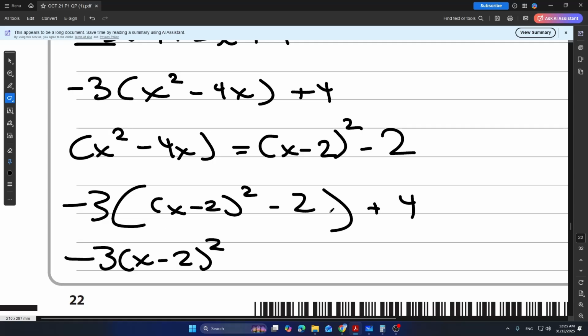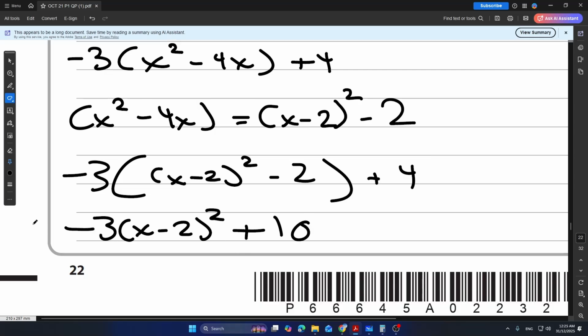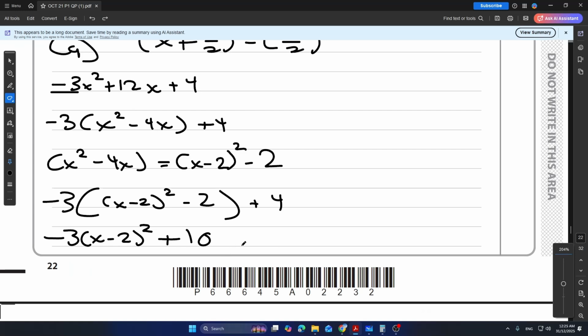Minus 3 times minus 4 is plus 12, and plus 12 plus 4 is 16. So this is our answer. Or, because it's in the format, I can also write this as 16 minus 3(x minus 2) squared.